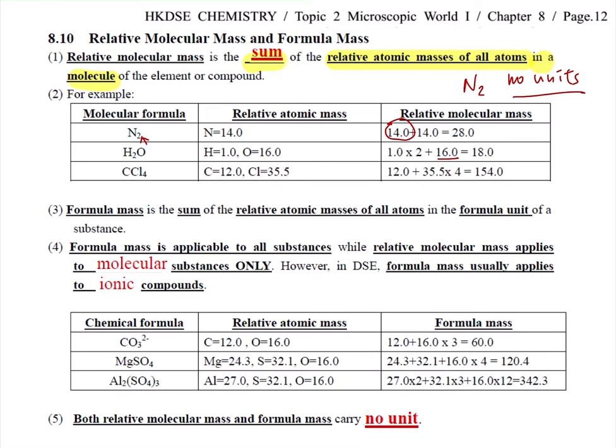And then formula mass is the sum of relative atomic masses of all atoms in the formula unit. So what's the difference between relative molecular mass and formula mass? Relative molecular mass is just for molecules. Those substances that form molecules can use the term relative molecular mass. What are molecules?